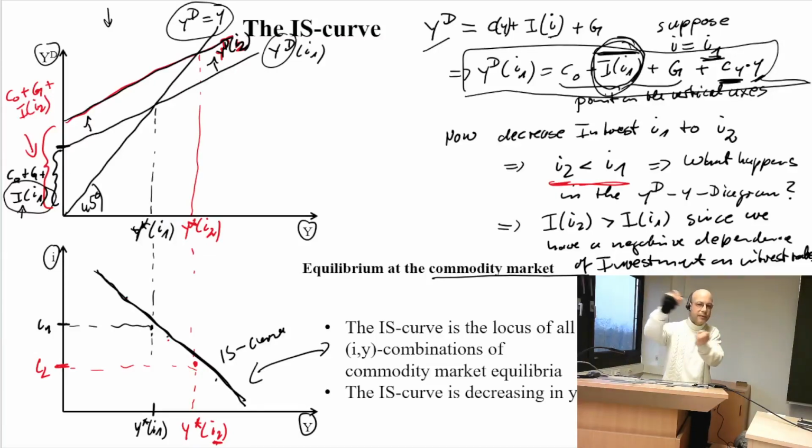The 45-degree line also showed all possible equilibria where we have equality between total demand and production. And now this line represents all possible equilibria of interest rates and income in the commodity market.